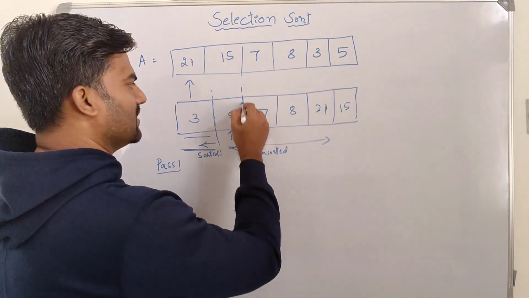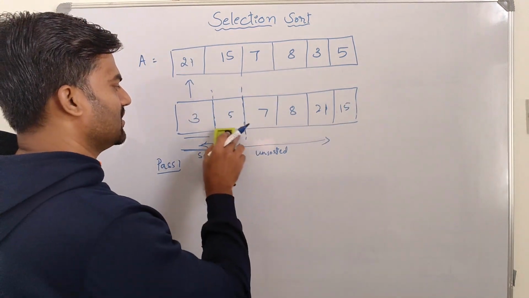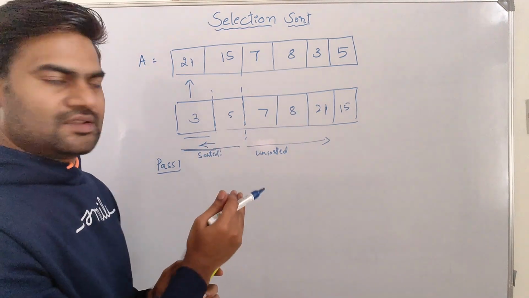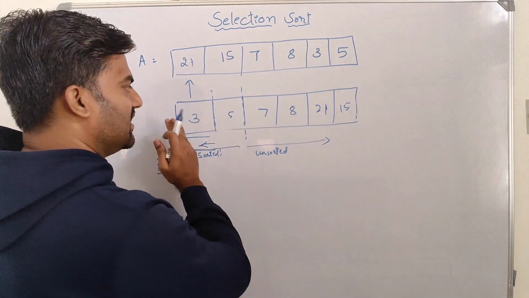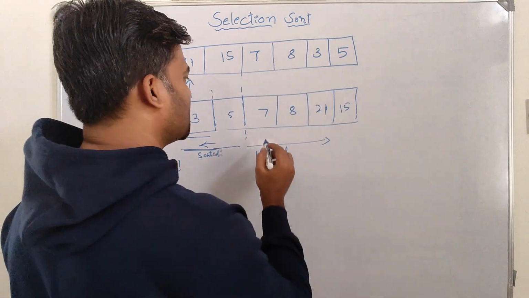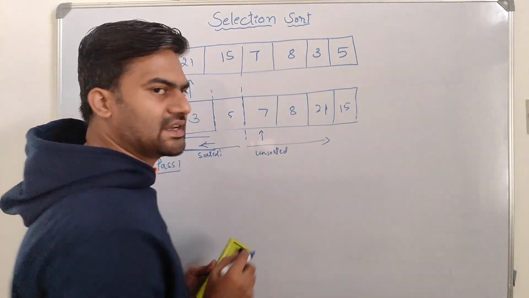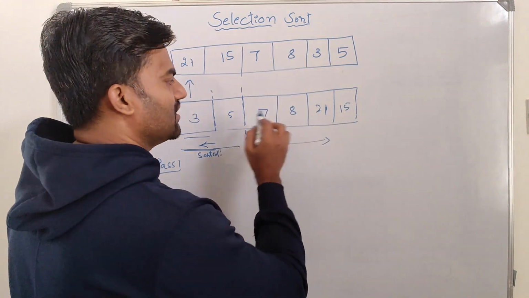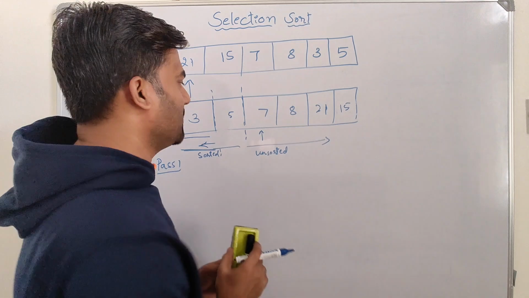Now at the second pass, towards the left it is sorted, towards the right it is unsorted. Now I will keep the pointer here and search for the minimum number. This is already the minimum number, so there is nothing to swap.